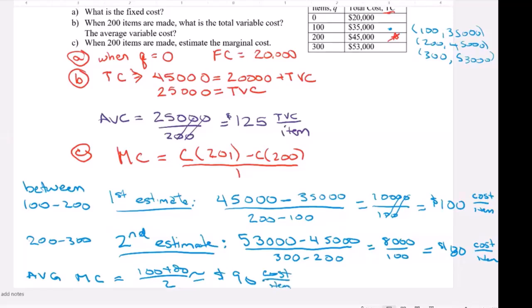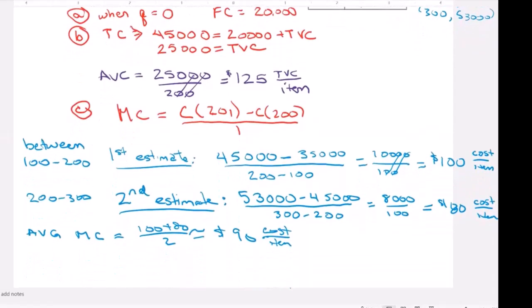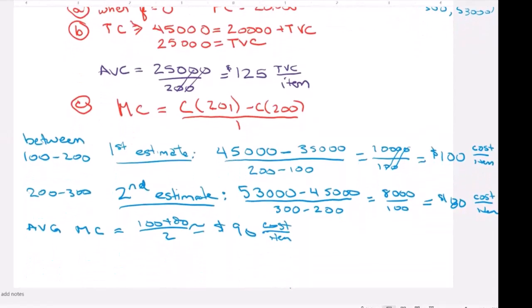So it's a little less than 100 and a little more than 80. We're going to say $90. And that is how I would estimate the marginal cost if I didn't have data that says how much it costs to make one more.